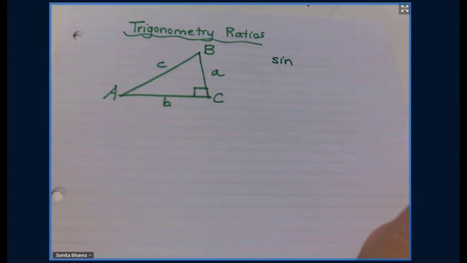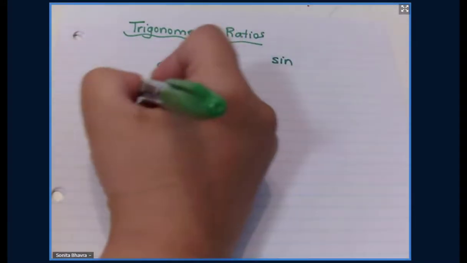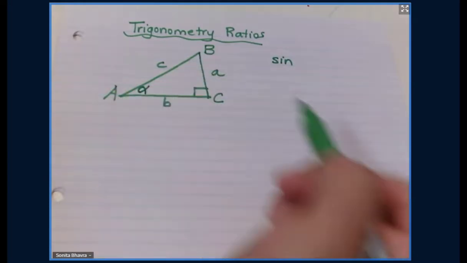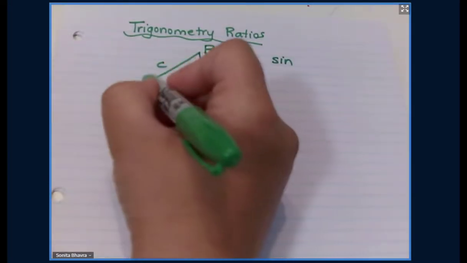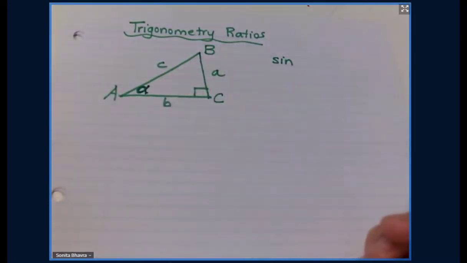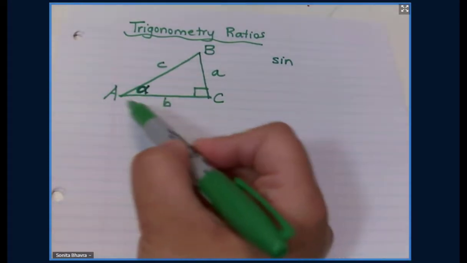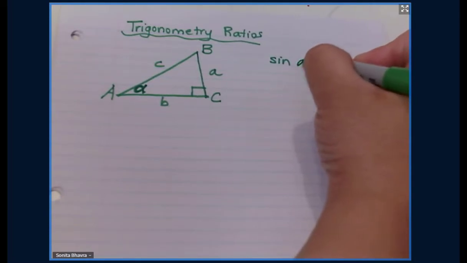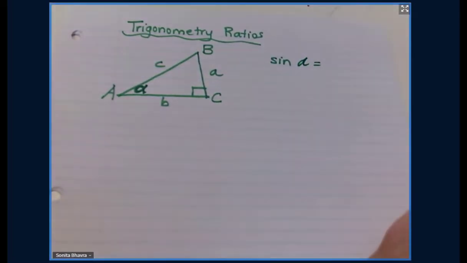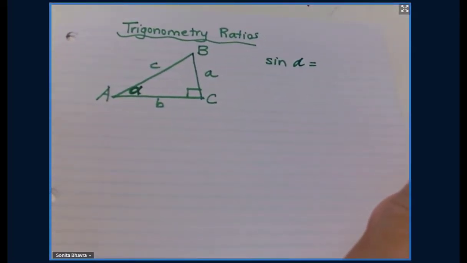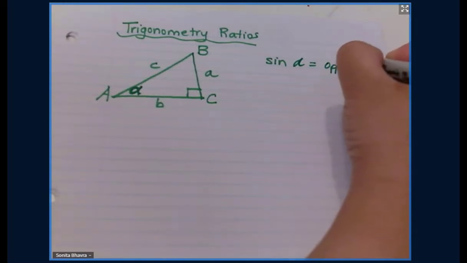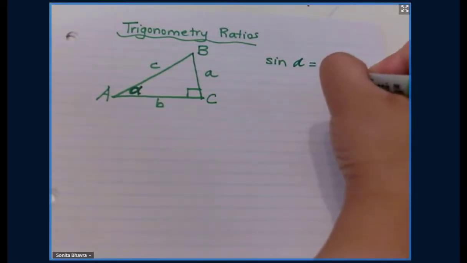So in this case, if we were using this angle here, angle A, it could be labeled like this as well, for example, angle alpha. The sine ratio is opposite over hypotenuse. All right, so it's opposite divided by the hypotenuse.